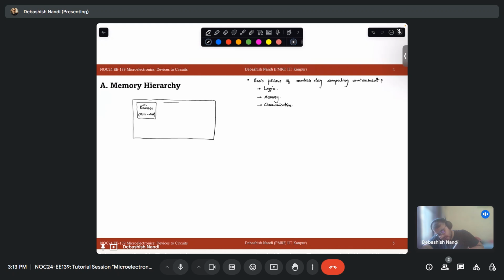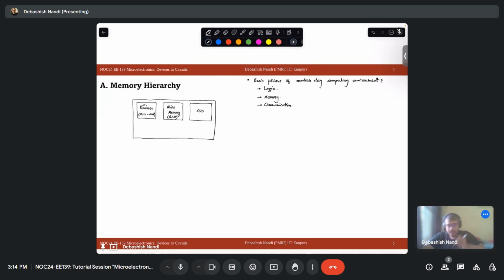Then you will have your main memory unit. Then let's say you have your solid state drive, SSD. So this is basically your RAM.